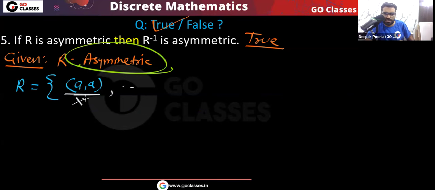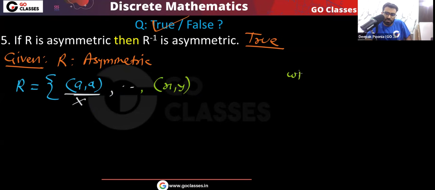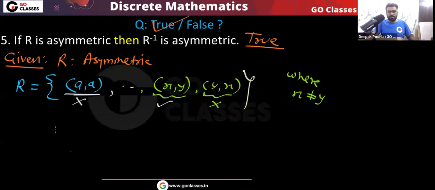Also, for example, if xy is there, where x is different from y, then definitely yx will not be there.